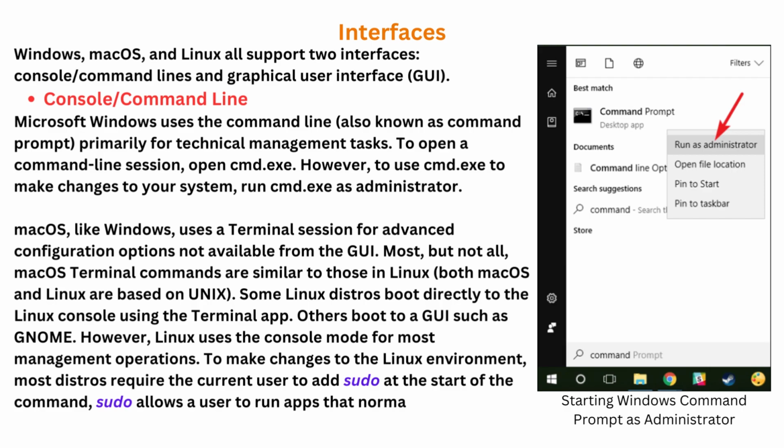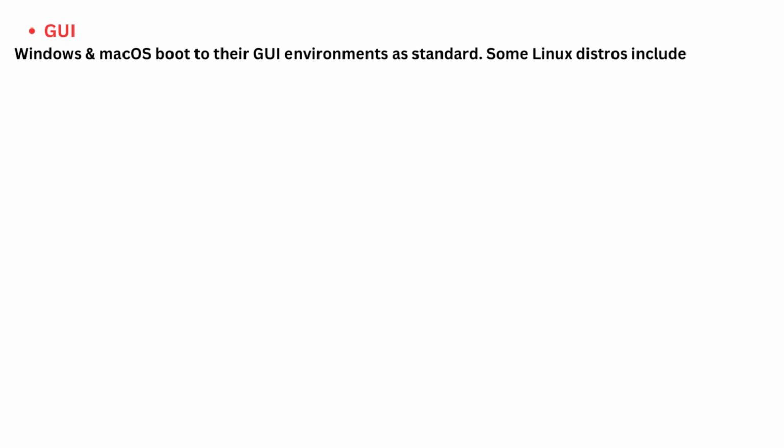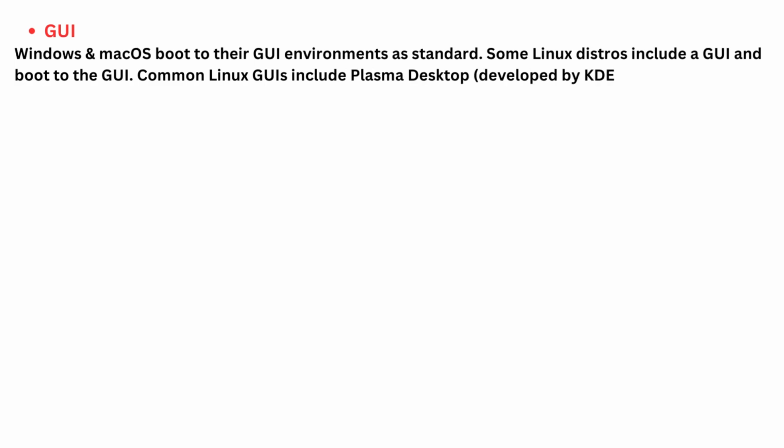Sudo allows a user to run apps that normally require an administrator, and users may be prompted to enter their passwords. GUI. Windows and macOS boot to their GUI environments as standard. Some Linux distros include a GUI and boot to the GUI. Common Linux GUIs include Plasma Desktop, developed by KDE, and GNOME, developed by the GNU Project.